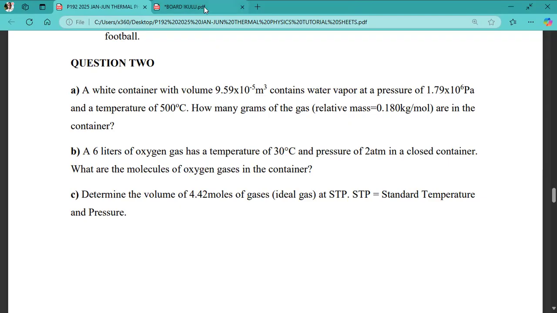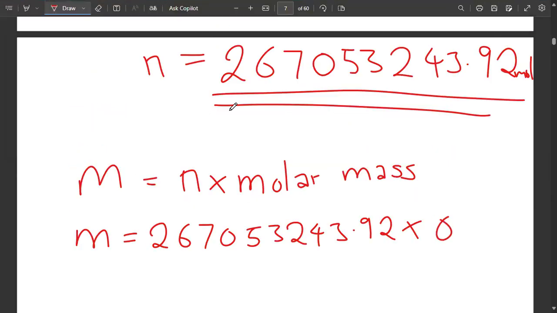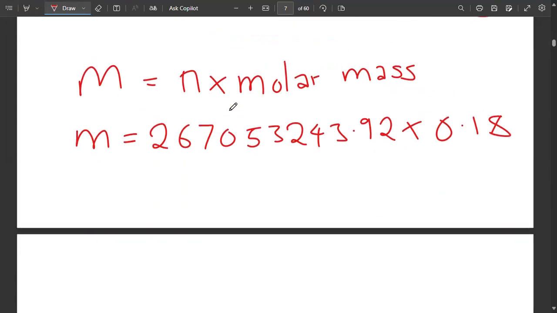Okay, so I multiply this by 0.18 kgs per mole.